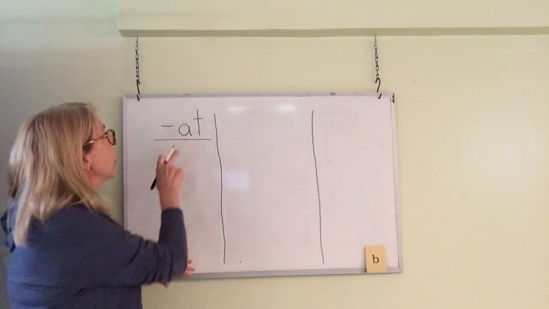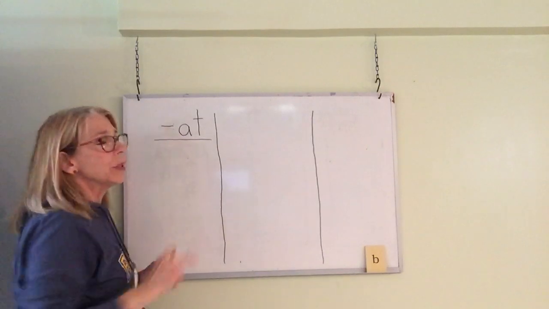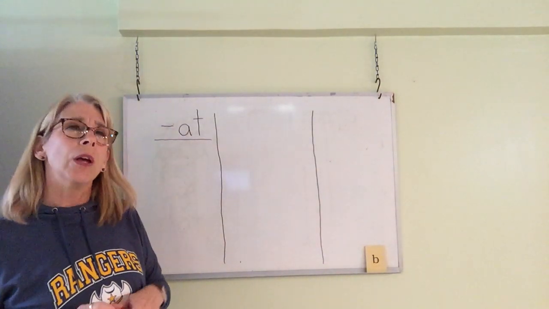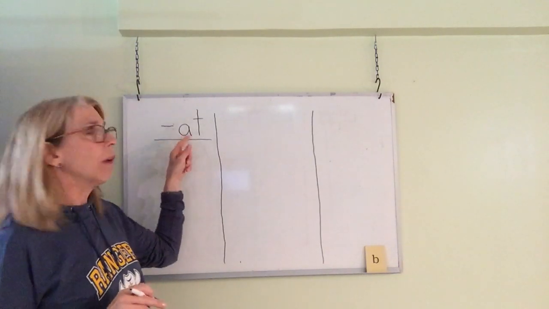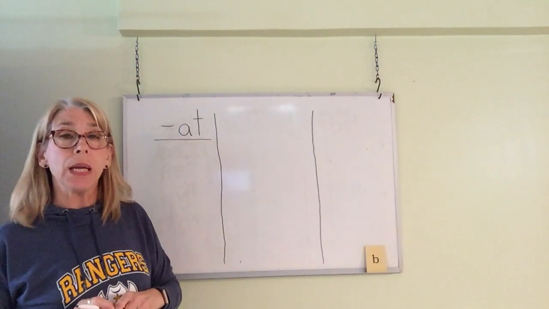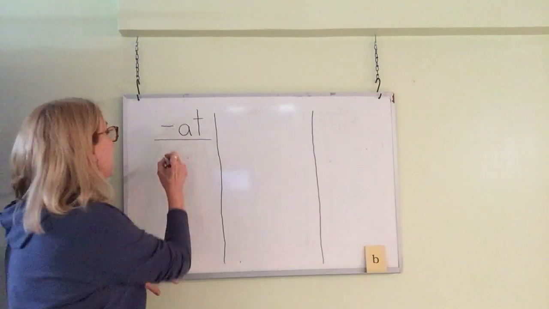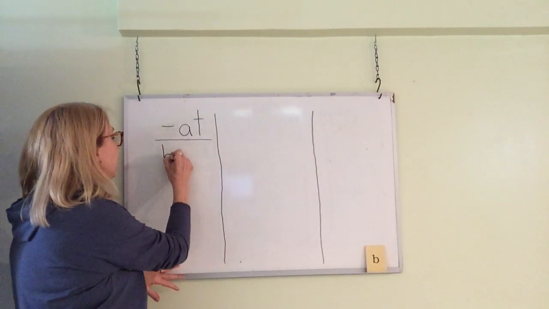Okay, first I'm going to think of letters in the alphabet to help me make these words. So the first letter that's right around the A is the B. So I'm going to choose the letter B. Now watch how I make my B. Remember, I have to have the belly in the front.